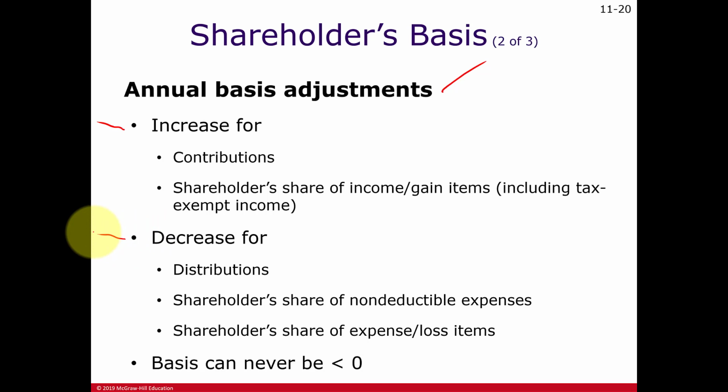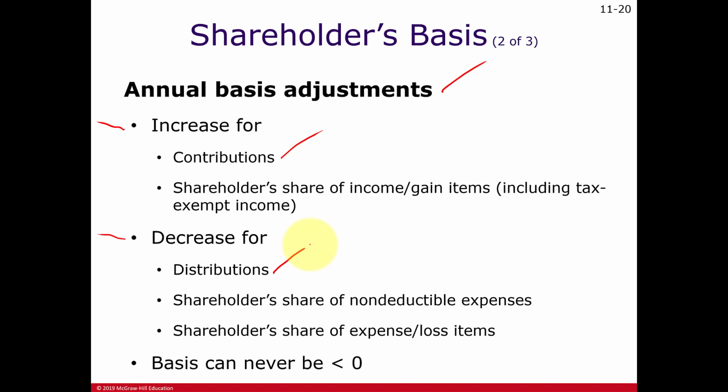For example, if the shareholder contributes now even more additional paid-in capital to the corporation, that's going to increase his or her stock basis. Likewise, if the corporation distributes cash or property to the shareholder, that's going to reduce the stockholder's basis.